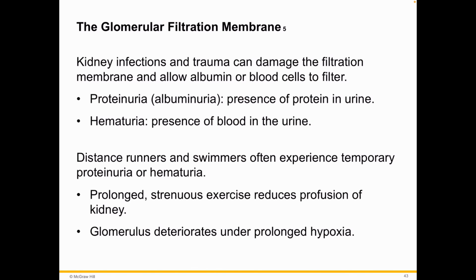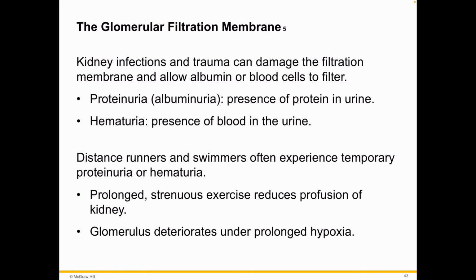So kidney infections, trauma, damage, especially to anything like the nervous supply, but mainly what we tend to look for is damage or trauma to the blood supply, can damage the filtration membrane altogether.